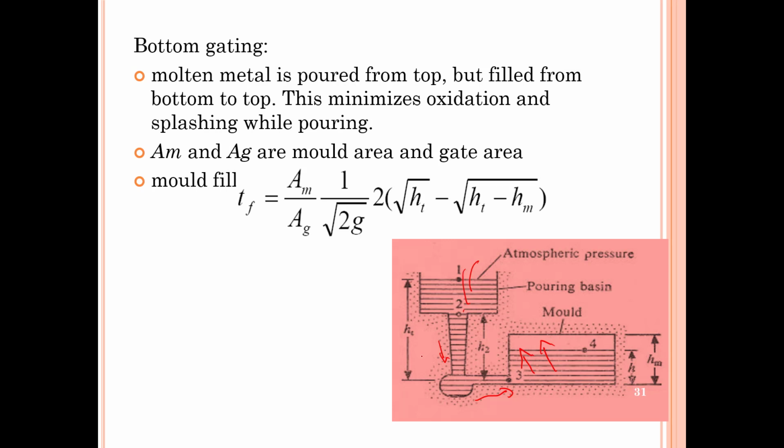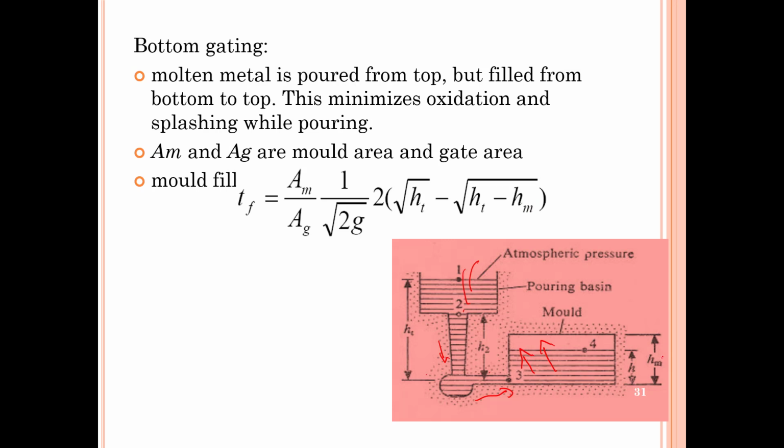So this is the total height, H total. This is the mold height, HM. So after this it is filled. AM and AG are the mold area and gate area. So here the mold filling time TF equals AM divided by AG, times 1 by root of 2g, into 2 into (root of HT minus root of HT minus HM).